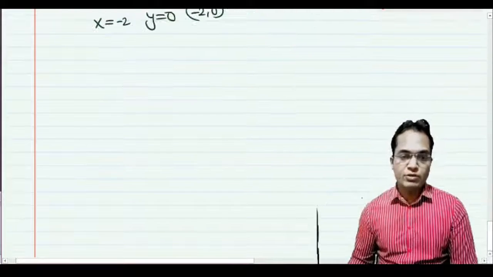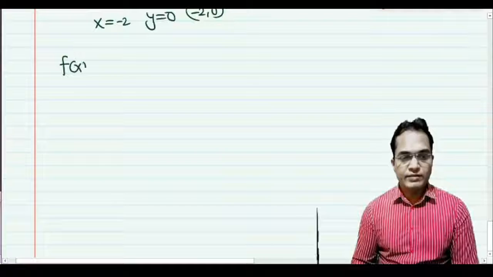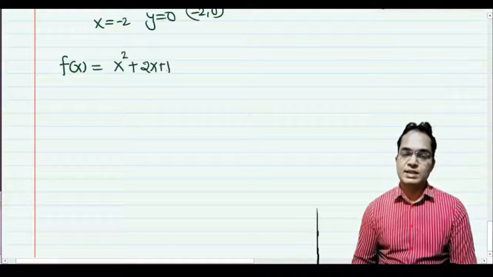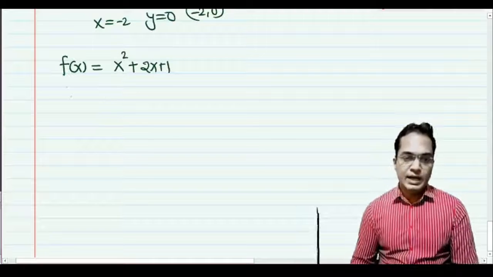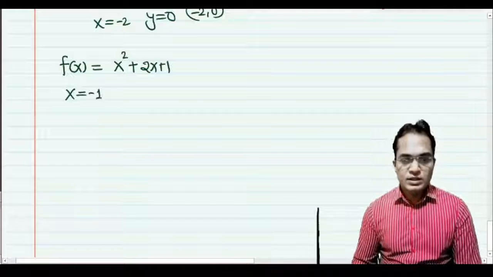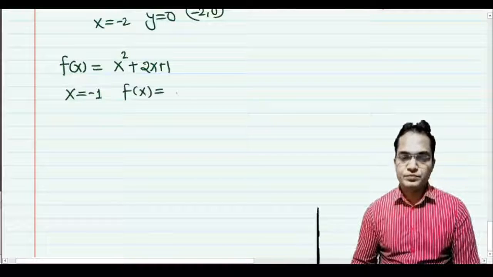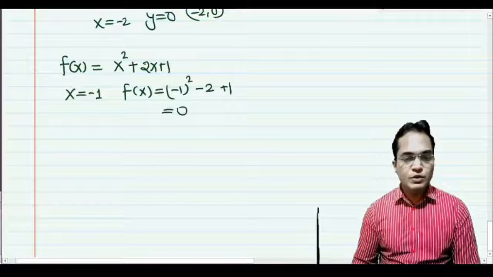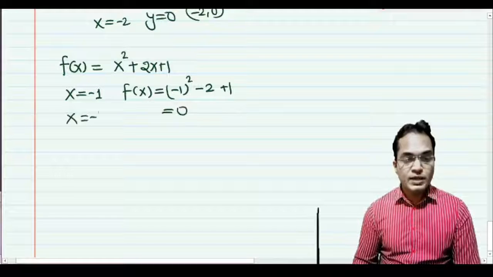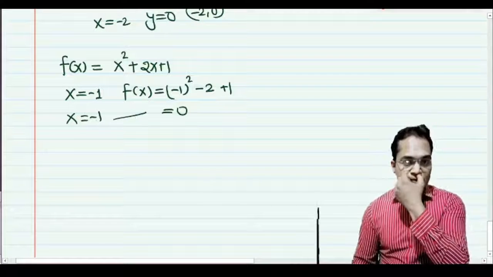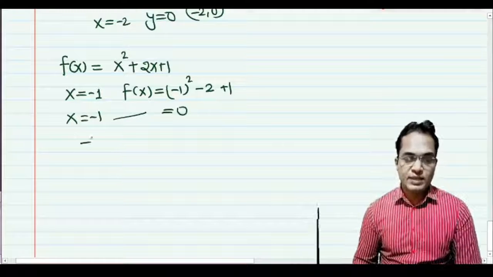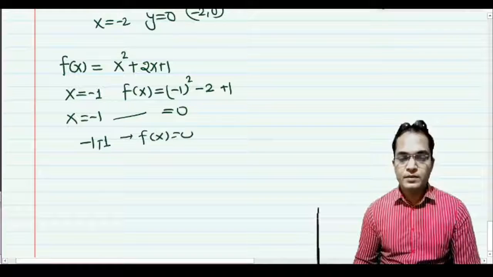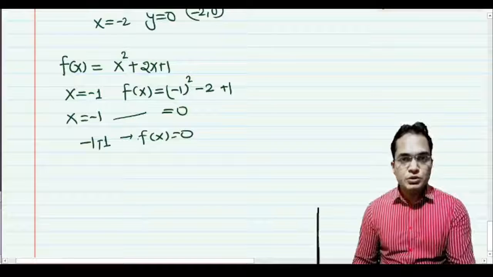If I take another example like this, f(x) = x² + 2x + 1, then what will happen? At x = -1, this f(x) will be 0: (-1)² - 2 + 1 gives 0. So there is only one point, (-1, 0), at which f(x) is 0, which implies that both zeros coincide.